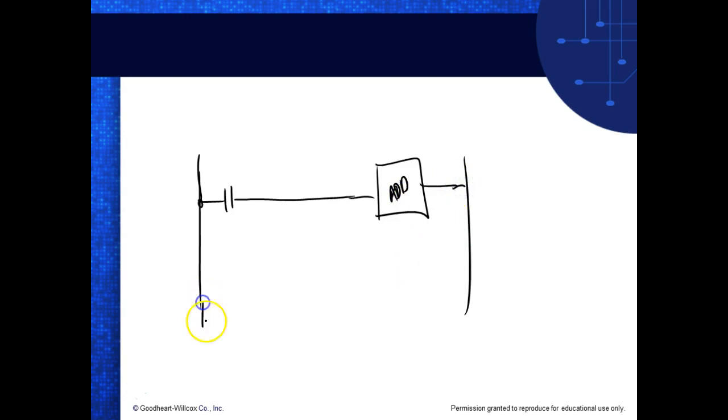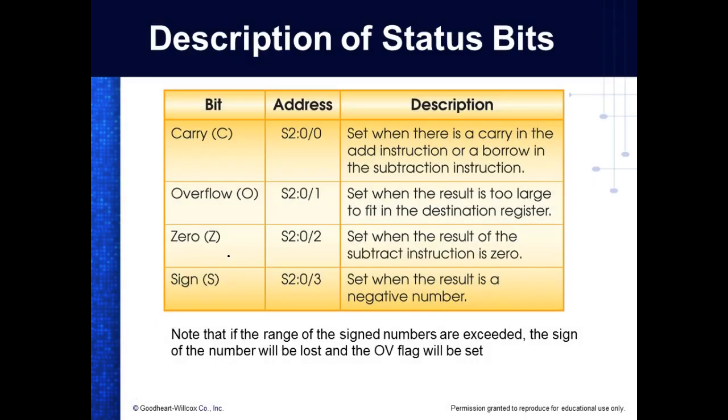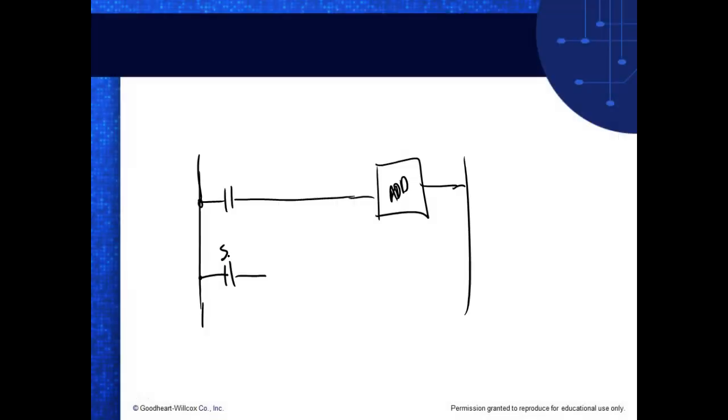And then down here, I want to turn on the light if it came up to be 0. Well, I would look at the 0. So down here I would use that address, S:0/2, and then I would use an output port to turn on the light, right?